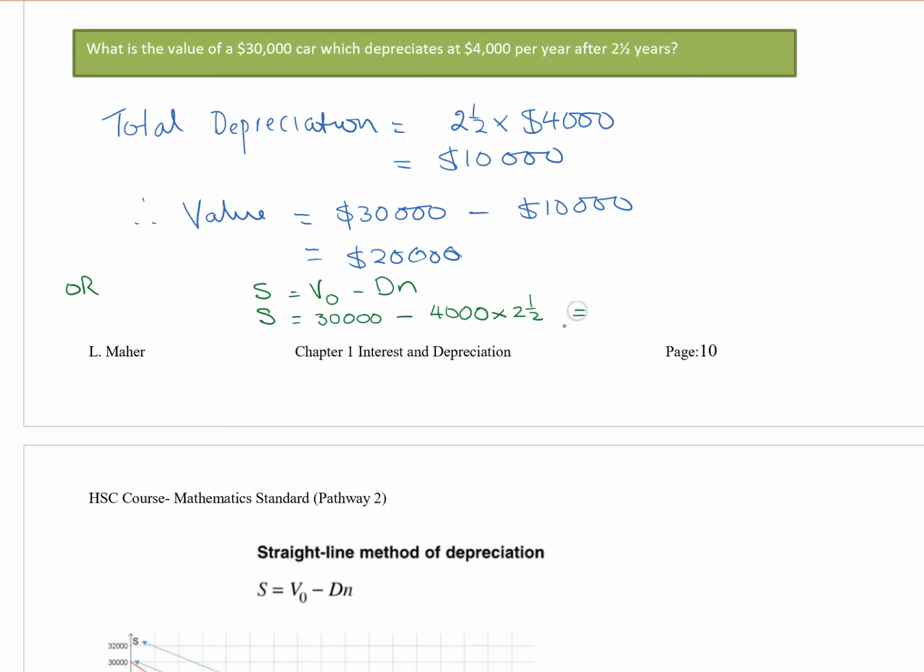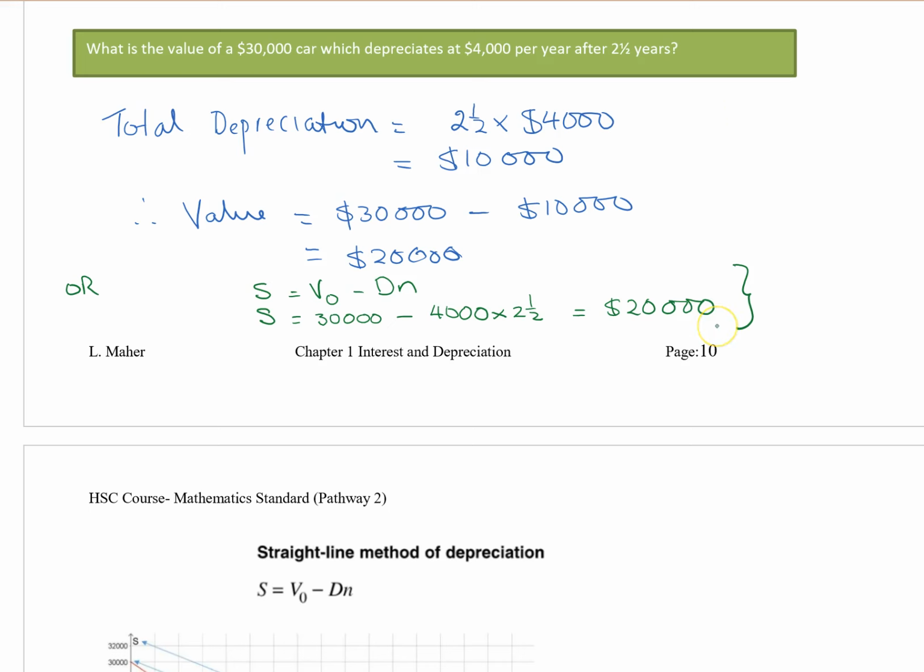Now if you do that calculation, you will get $20,000. So you can see that, I guess in a way, we have options. We can use the formula, which is this method, or we can use our understanding.